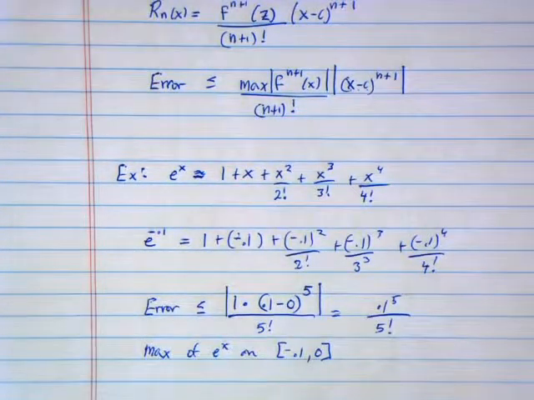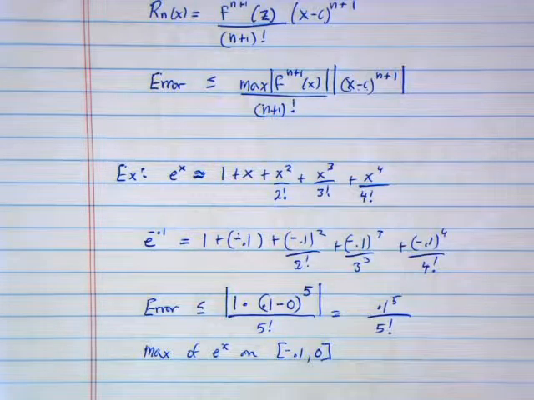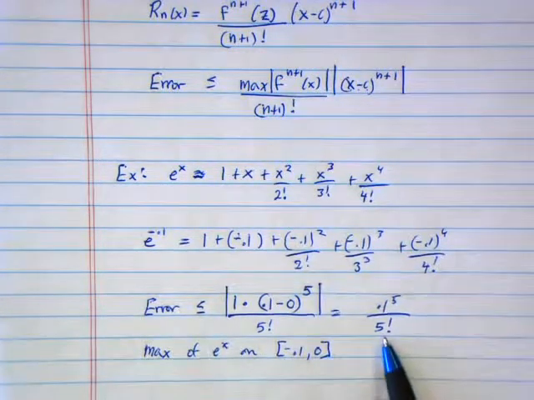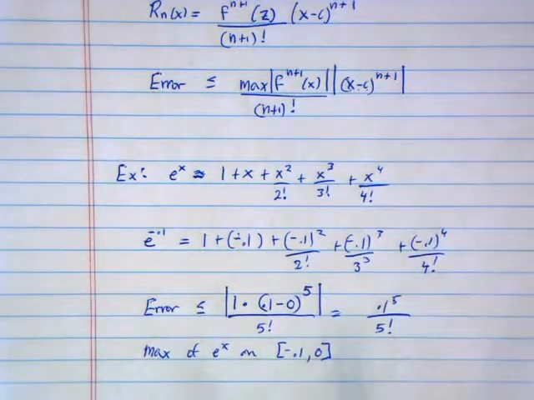So how much is 0.1 to the fifth divided by 5 factorial? Well, 5 factorial is 120. How much is 0.1 to the fifth? 1 times 10 to the negative 5.